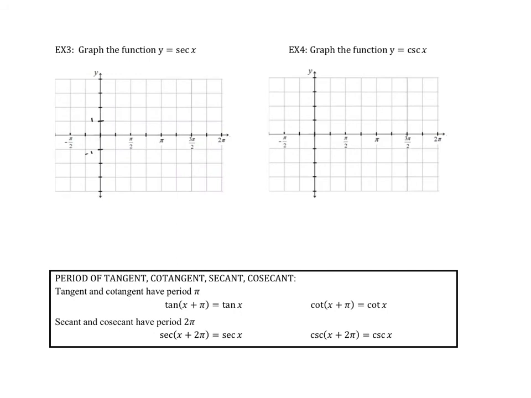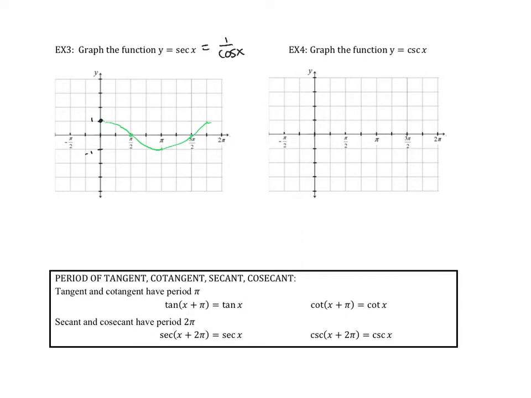Now let's look at the reciprocal function secant, which is 1 over cosine. Just to remind ourselves, cosine coasts down, so here's our cosine. Now if I have a reciprocal of 1, the reciprocal of 1 is still 1.